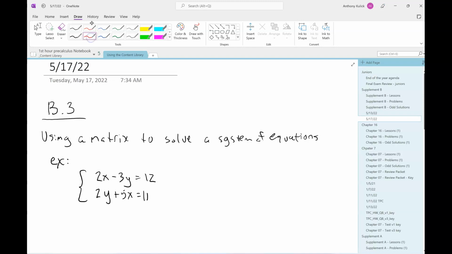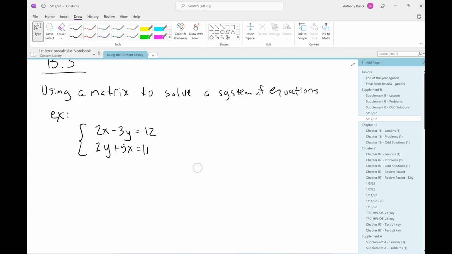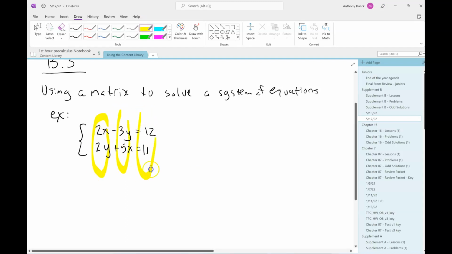We can also solve this same system using a matrix. In order to do that, first I need to make sure that everything lines up vertically. Notice that the way I've written these 2 equations, I don't have a single variable in any column. The first column has x's and y's in it. The second column has y's and x's in it. The third column is fine because it's all constants.